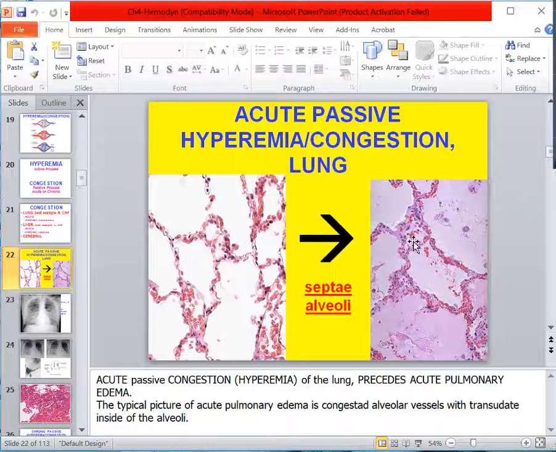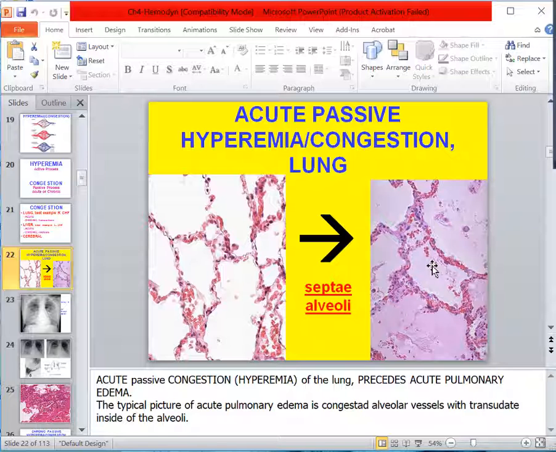And now, not only do you have dilatation of these alveolar walls, but they can leak out fluid and cells into the alveoli.